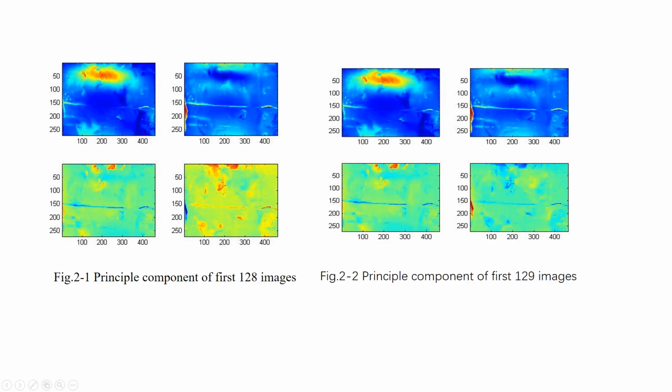From this image, we can clearly see that, for example, here the circle indicates a macro damage that we have marked. And in the second one, we can also find the macro damage.